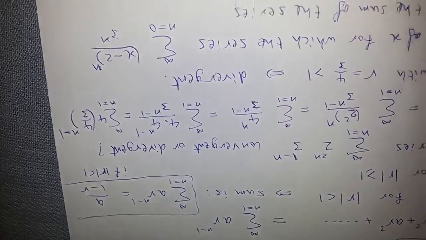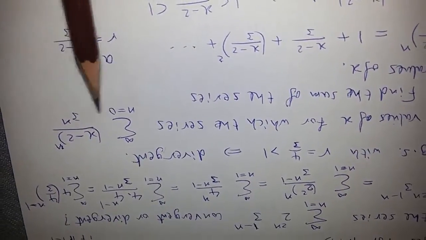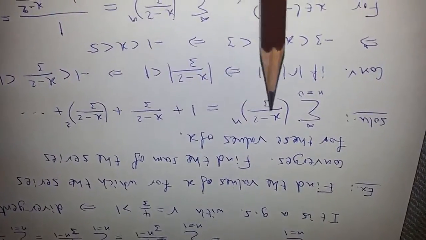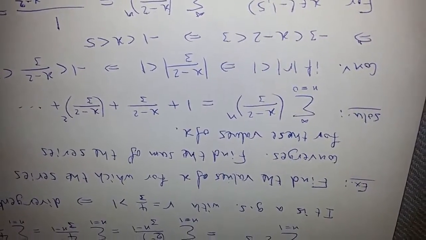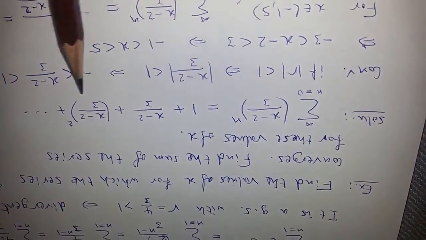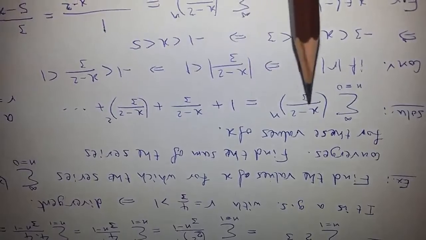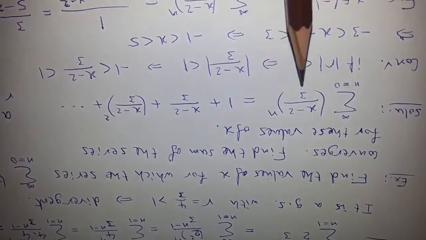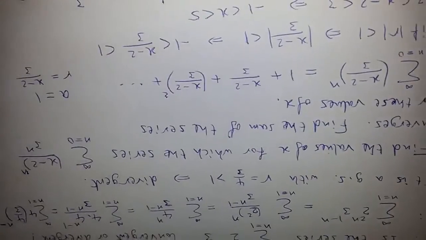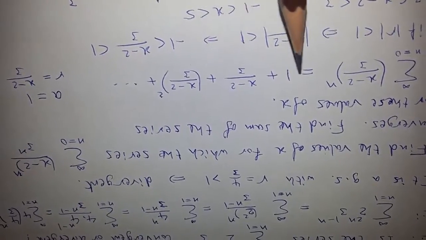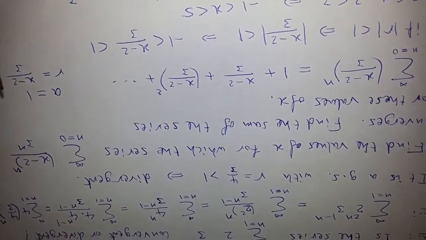But the series has to be convergent. I can write this in this form, (x minus 2) over 3, all to the power n. If you find the terms, the first term would be, if you put n equal 0, anything to the power 0 is 1, plus (x minus 2) over 3, plus its square, plus its cube, and so on.